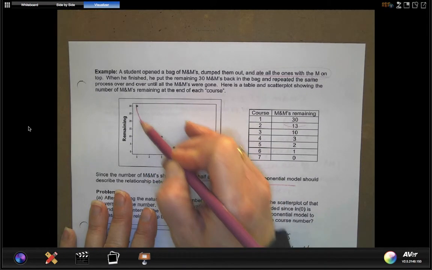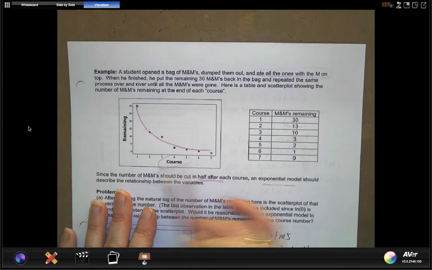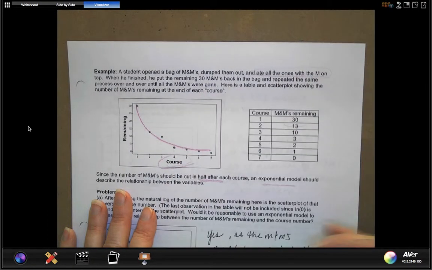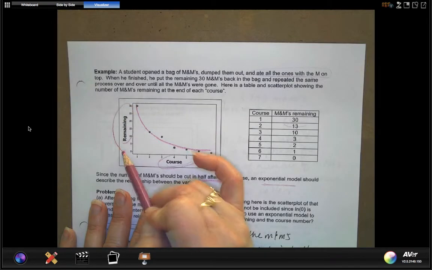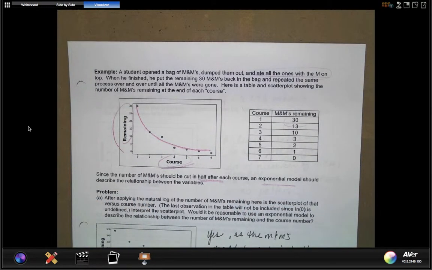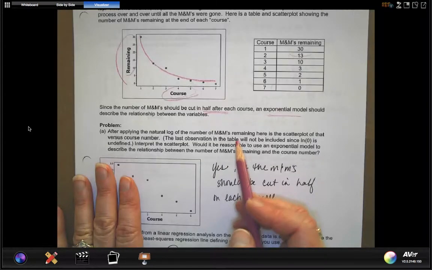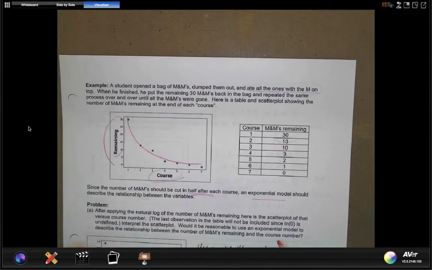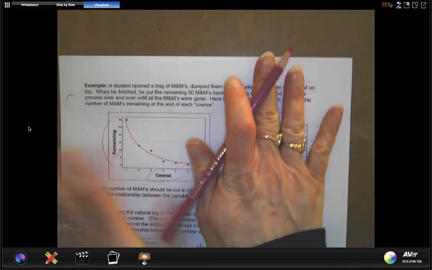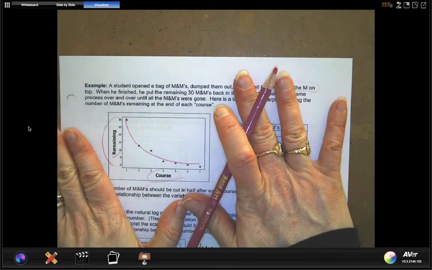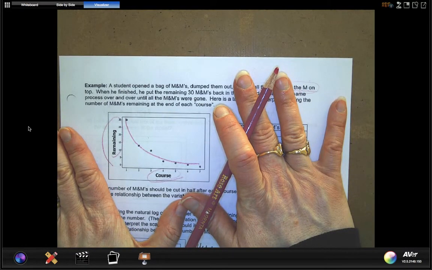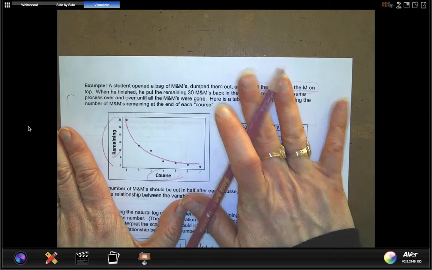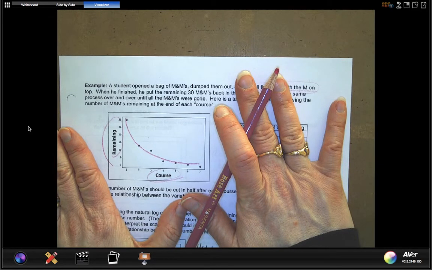If you look here, the course, which is his dumping, and the number of M&Ms remaining seem to follow an exponential relationship. So then, again, you're not going to be asked to look at this picture here and say that this is exponential or this is power.